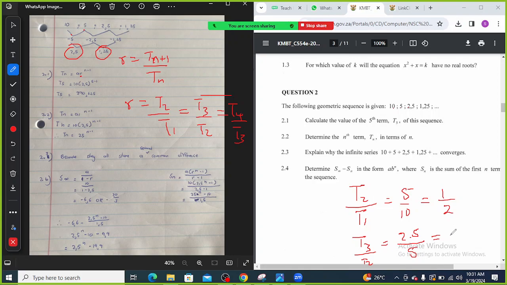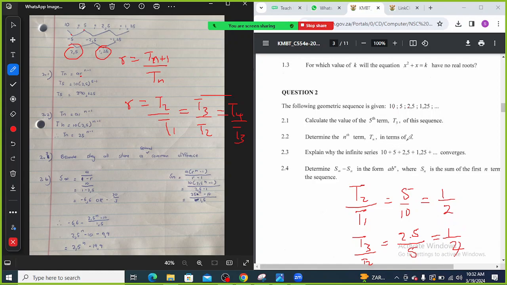It's 0.5, which is 1 over 2. If you are using the calculator's fraction key and say 2.5 divided by 5, it would give you 1 over 2. Okay, so this becomes your R.